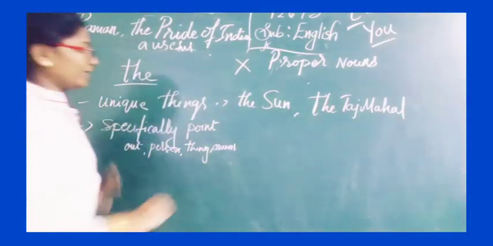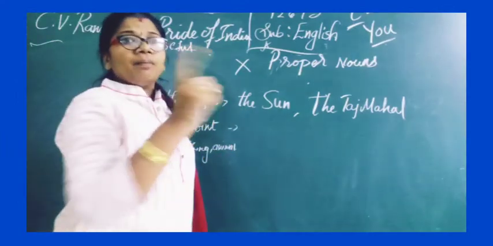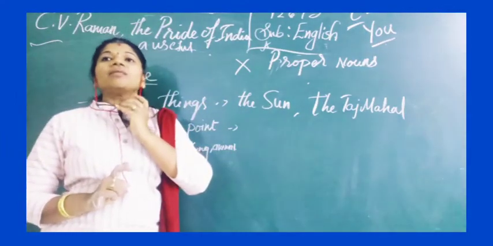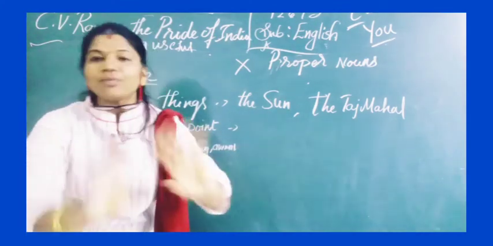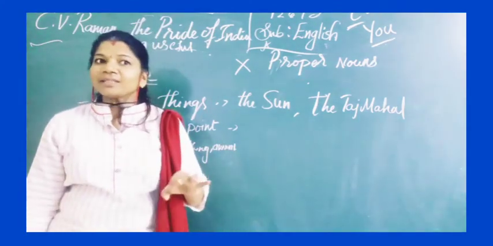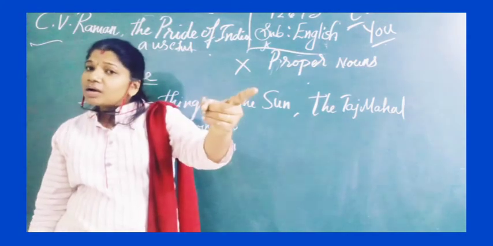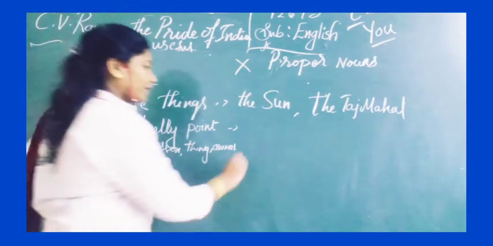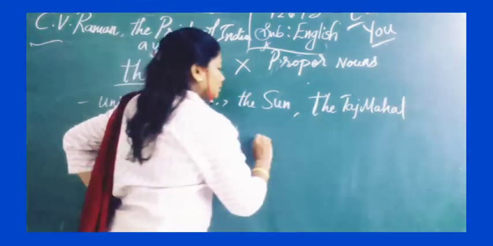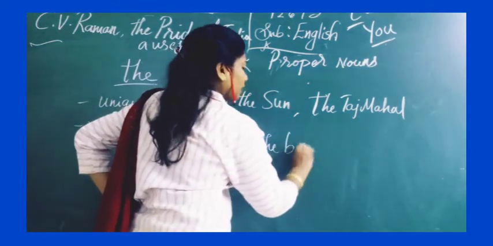When you particularly point out, now, bring me a book. If you say, bring me a book, then you could bring any one book. But when I say, bring me the book on the table, the book which is on the table, then you are using the book on the table.